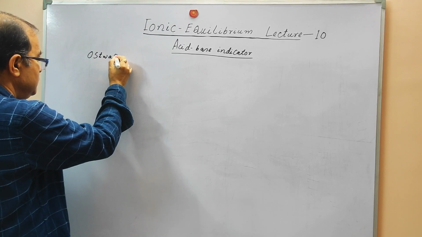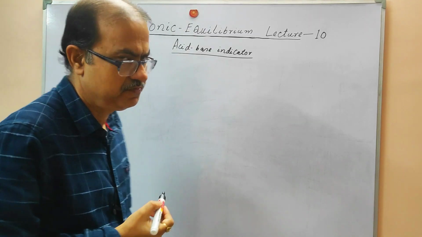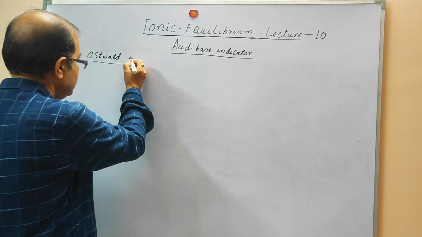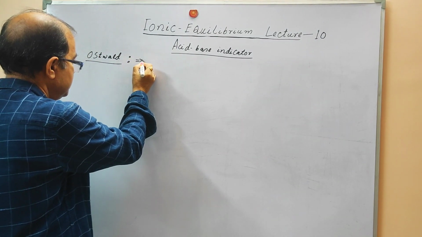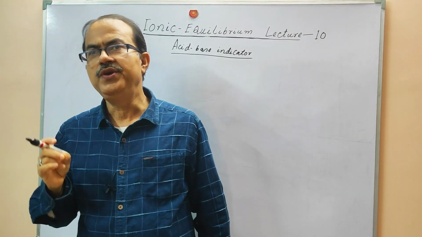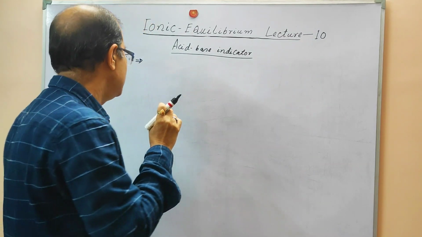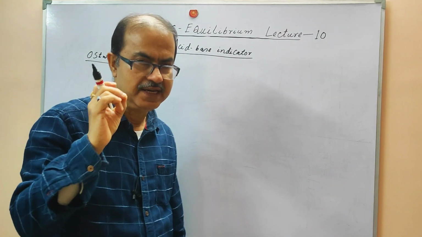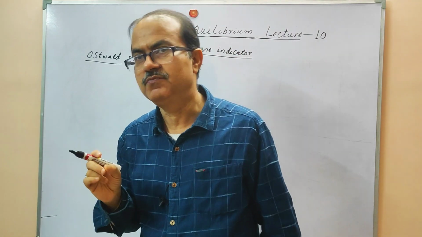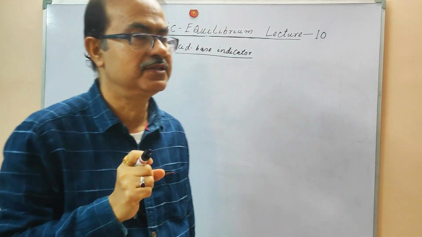Ostwald said a very important thing about acid and base indicators. Ostwald said that indicators are basically weak acids and weak bases having a complex molecule. If you study the structure of the indicator molecules, they are basically acids and bases having very complex structures.